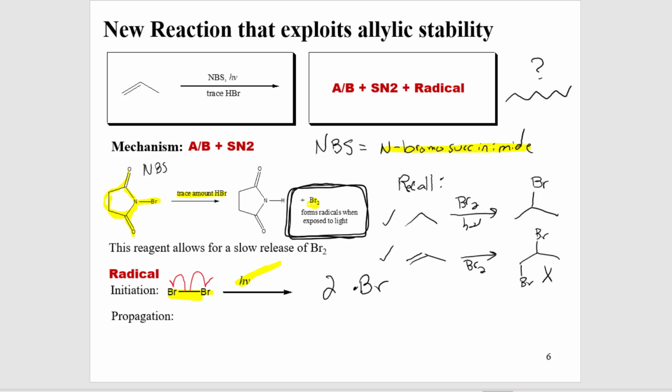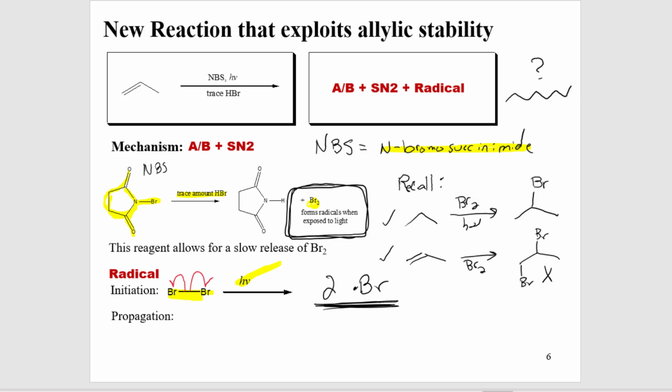NBS allows us to generate an extremely small quantity of Br2 in solution, so that Br2 that's generated, boom, right then and there, hits light and forms your Br radicals. So there's no extra Br2 floating around at any given moment. The one Br2 that's shot off is the Br2 that gets hit with light, and there are only these 2 Br radicals floating around.